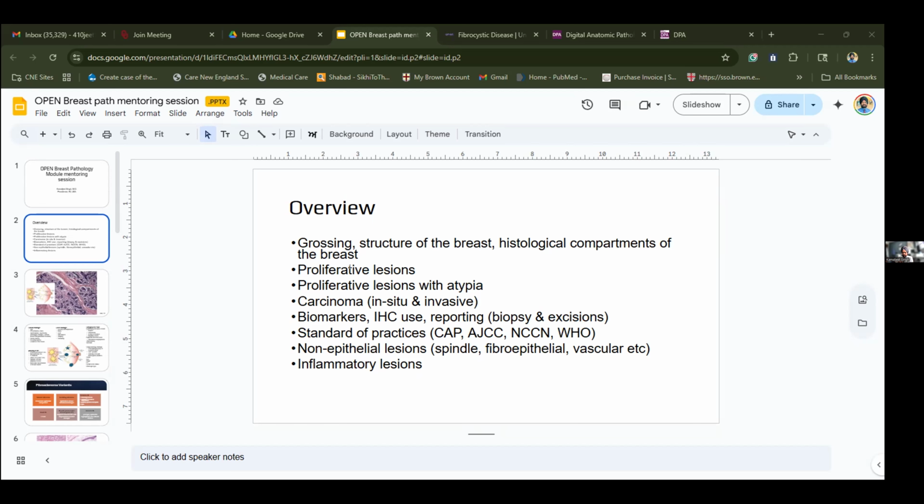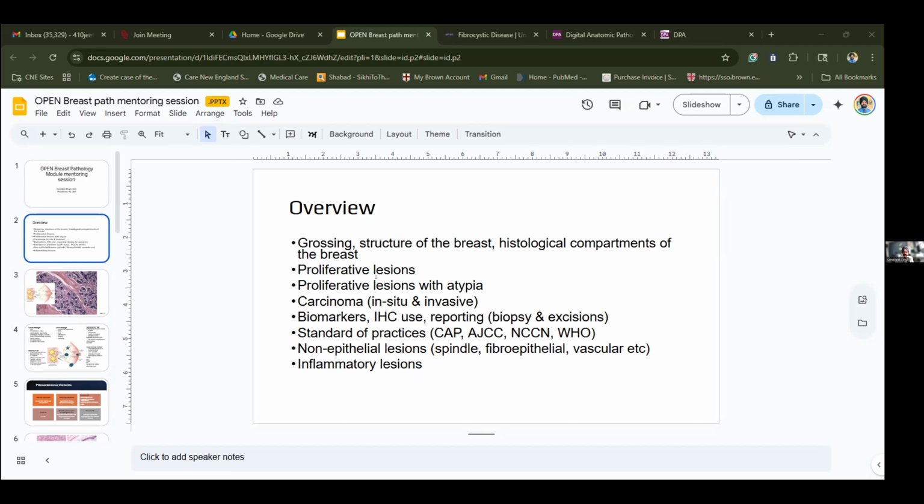Now, depending on where you are, in the US at least, if in your place you're doing a lot of screening mammography or screening for breast cancer, you will be exposed to a lot of proliferative lesions and proliferative lesions with atypia.